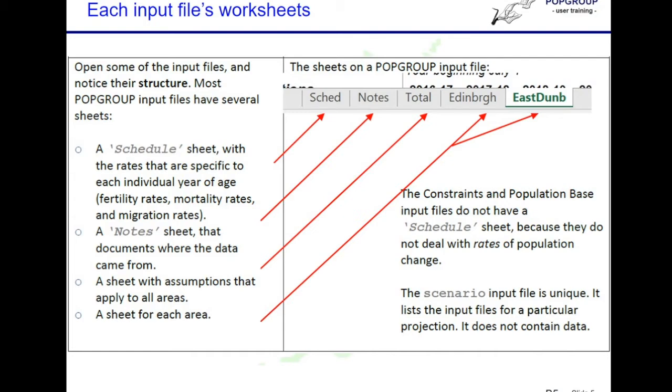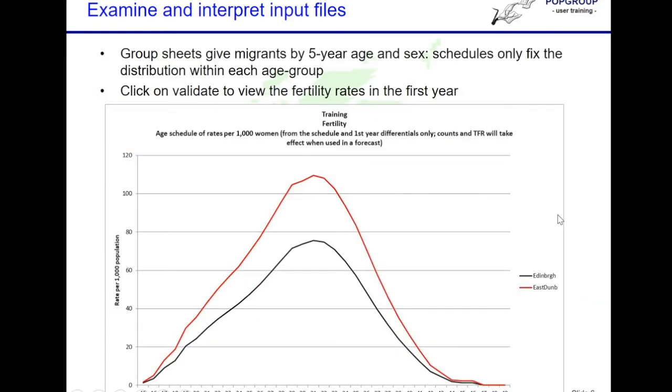If we think about other input files, the constraints file and the population base file don't have a schedule sheet because these don't deal with rates of population change. And the scenario input file is unique in that the purpose of this file is to list the input files for a particular projection. So that scenario file doesn't actually contain any data.